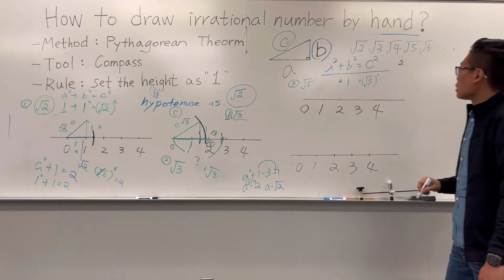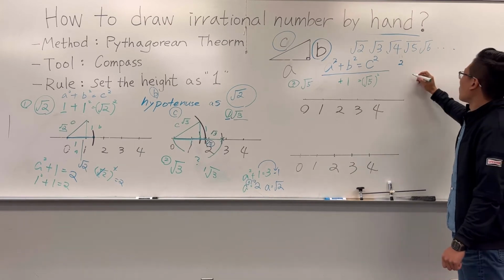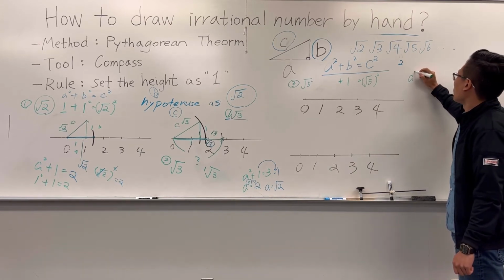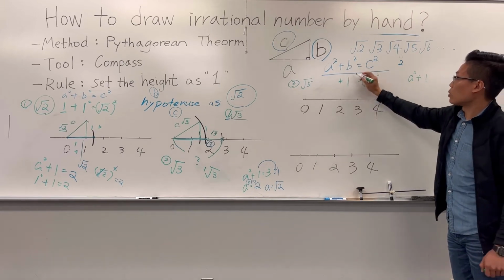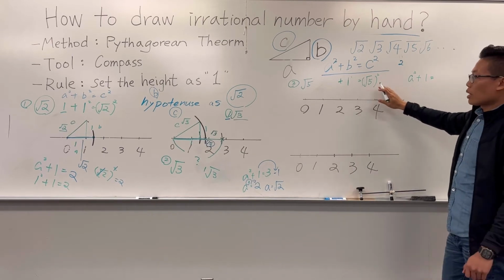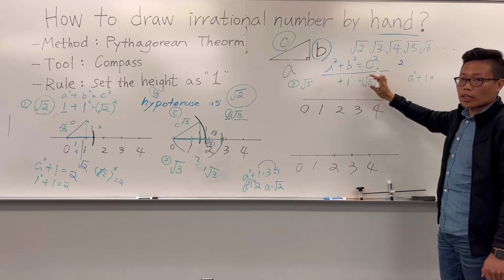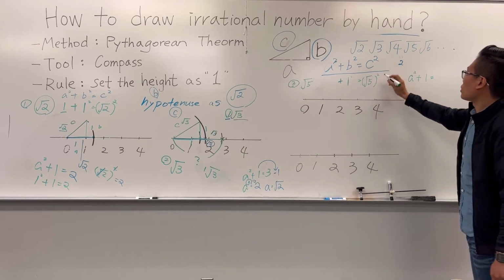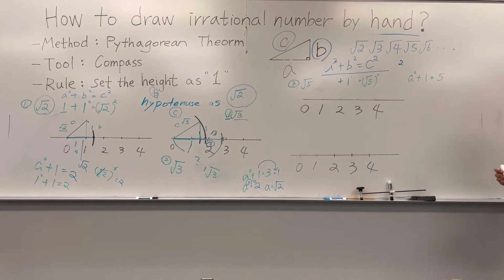Now I'm going to do a quick calculation again. We look for a squared plus 1, because 1 squared is still 1. And the square root and the square cancel each other out, so only 5 is left.